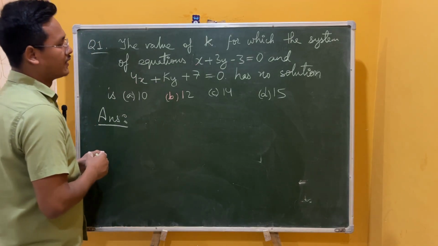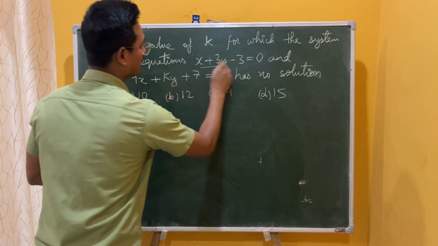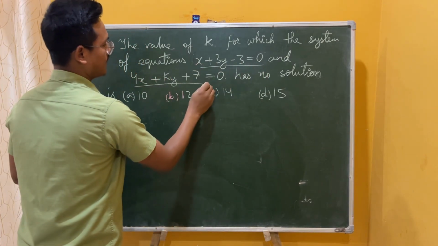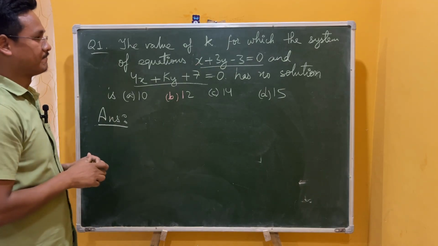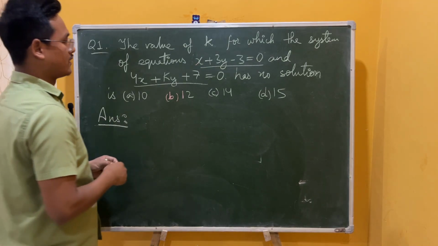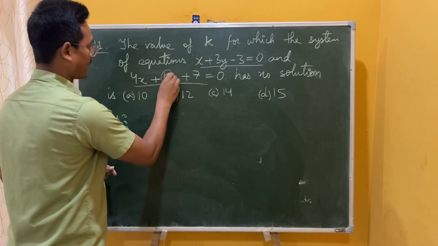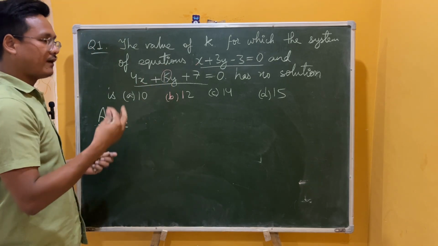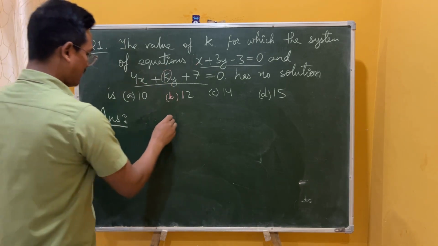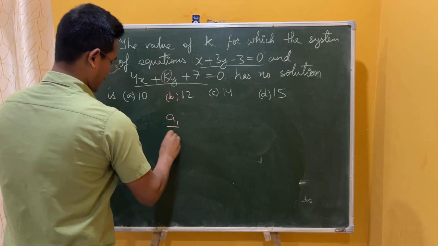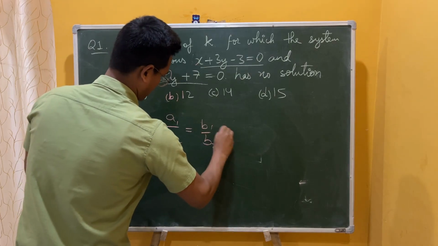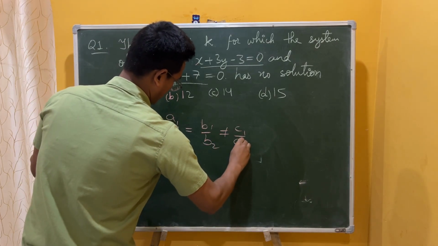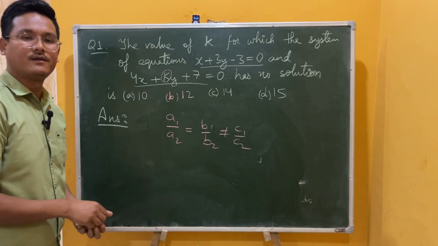So we have a pair of linear equations. One is this, another is this, and they don't have a solution, right? So we'll have to find this k. If they don't have a solution, then this must hold, right?